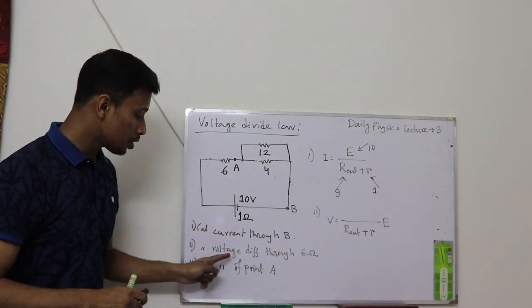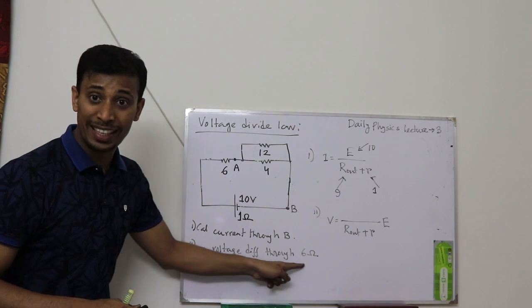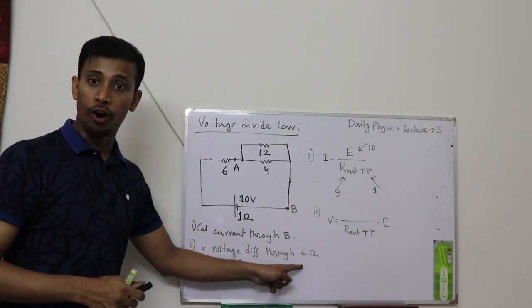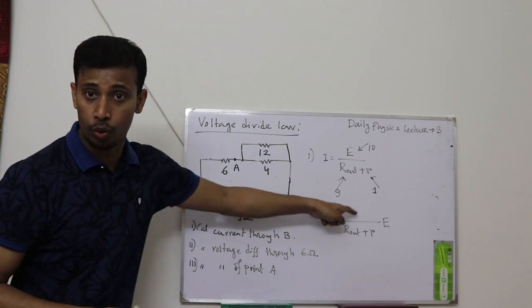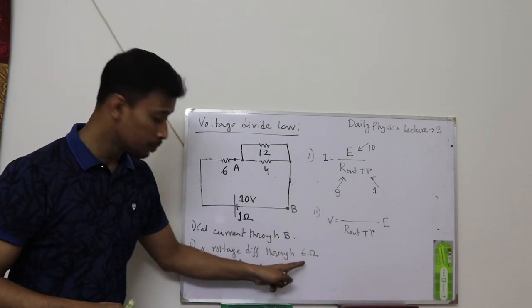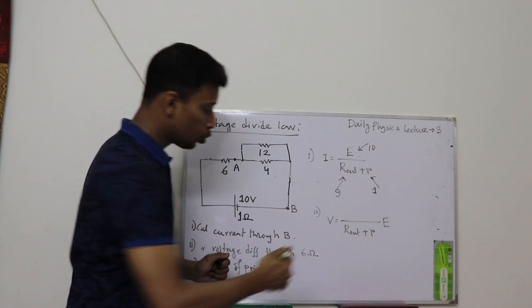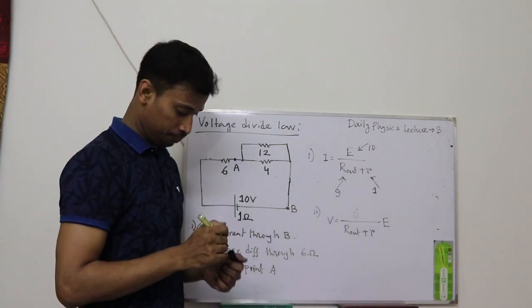So for the voltage difference through 6 ohm: for R1 we put R1 here, for R2 we put R2 here. So for 6 ohm we have to put 6 here.